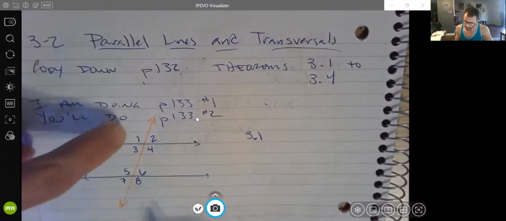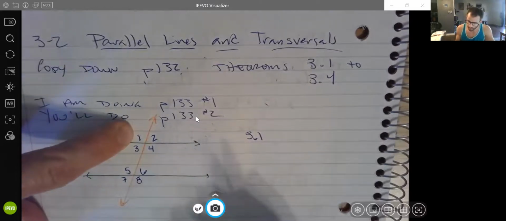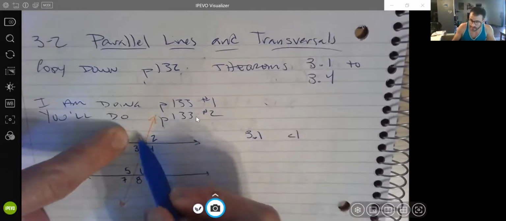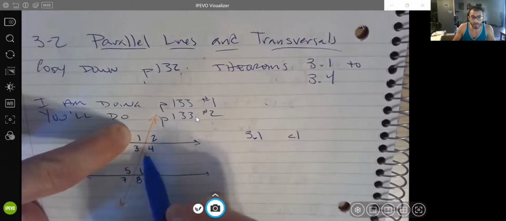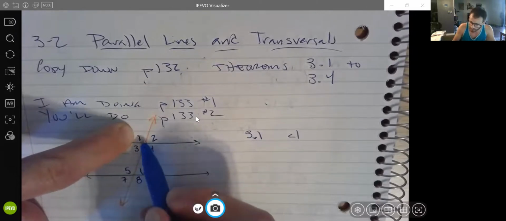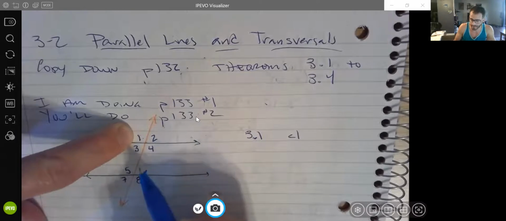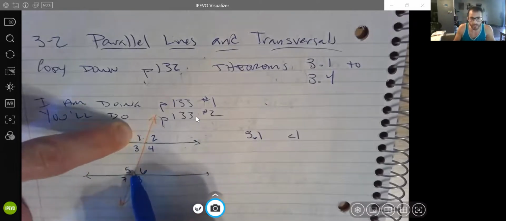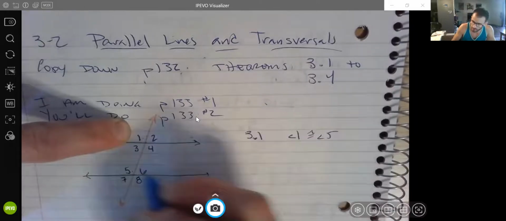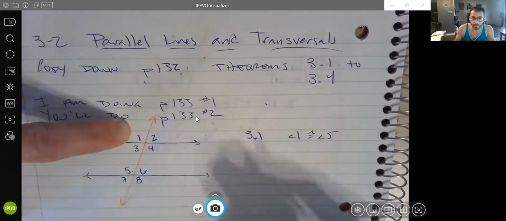So let's start with number 1. Number 1, this is how I kind of look at it. Angle 1 is at the top left of its intersection, right? Here's its line and its intersection, its transversal. So what's the corresponding angle down here at this intersection? It would be angle 5. These are corresponding angles. They are congruent.